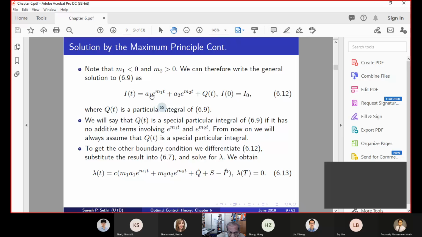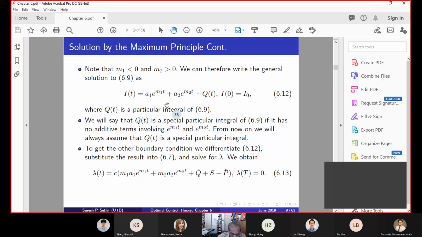Once I have this solution, I now need to determine a1 and a2. Because I have this, I have m1, I have m2. The only thing I don't have is a1 and a2. I have an initial condition, so I need a1 and a2.